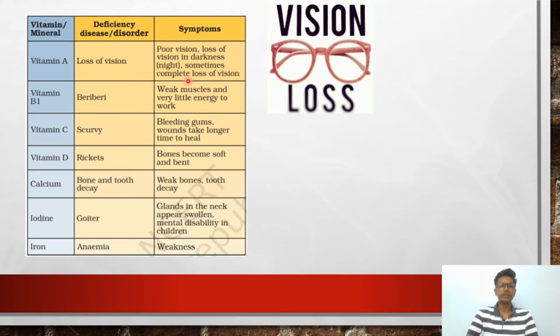Vitamin B1, the deficiency disease which can occur is beriberi. What are the symptoms? How can we know that we have this disease? Weak muscles and very little energy to work. Vitamin C, scurvy: bleeding gums, wounds take longer time to heal.